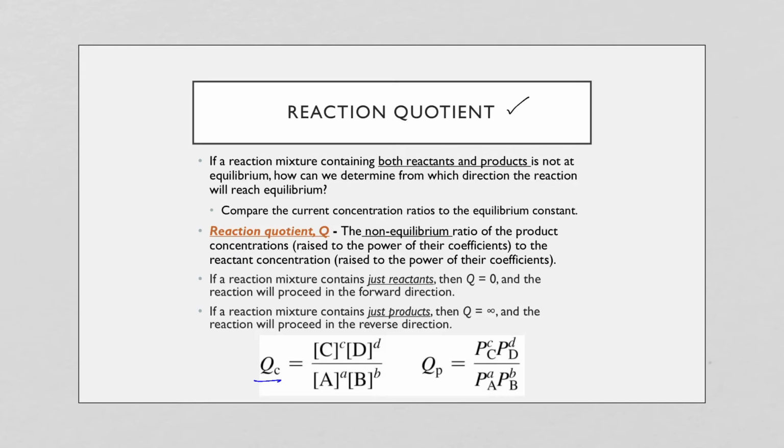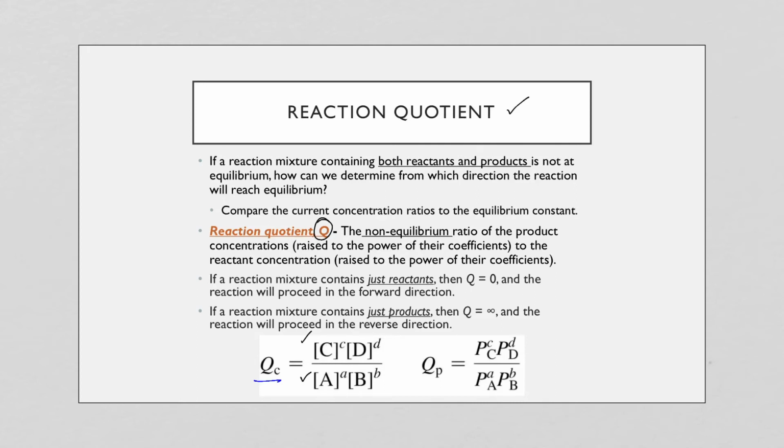But the idea is we're going to solve for the reaction quotient Q. Now, Q is just simply the equilibrium expression. So it is the same format as the equilibrium constant, meaning we have the concentrations of the products raised to their coefficients divided by the concentrations of the reactants raised to their coefficients.